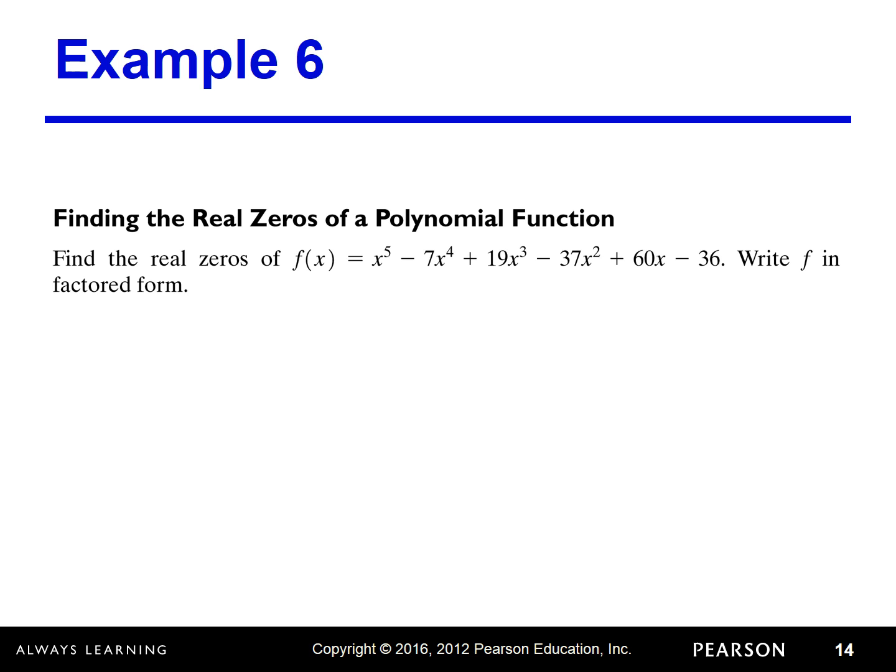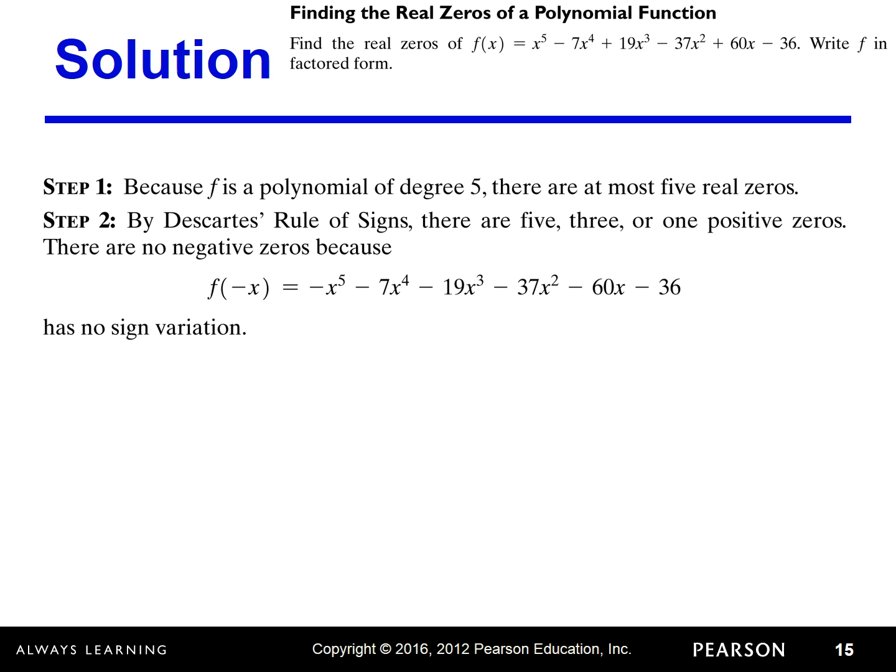Another one, a fifth degree. Okay, so of course Sullivan's going to play with his toys here and tell us that there are going to be at most 5 real zeros because the degree is 5, and that by Descartes' rule of signs, there could be 5, 3, or 1 positive real zeros because there are 5 sign changes. 1, 2, 3, 4, 5 sign changes, so 5, 3, or 1 positive real zeros.